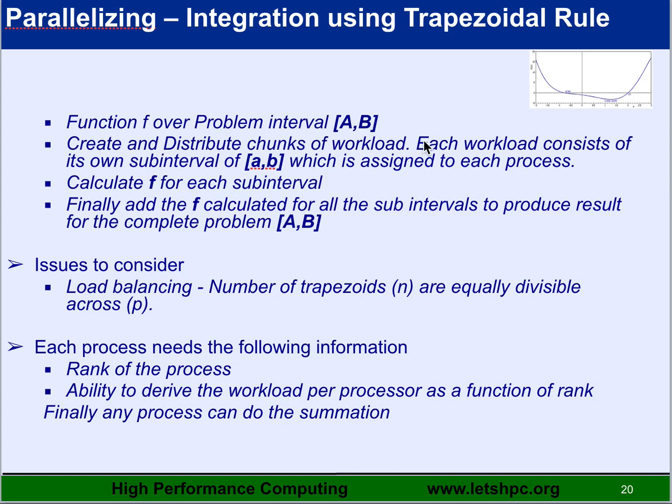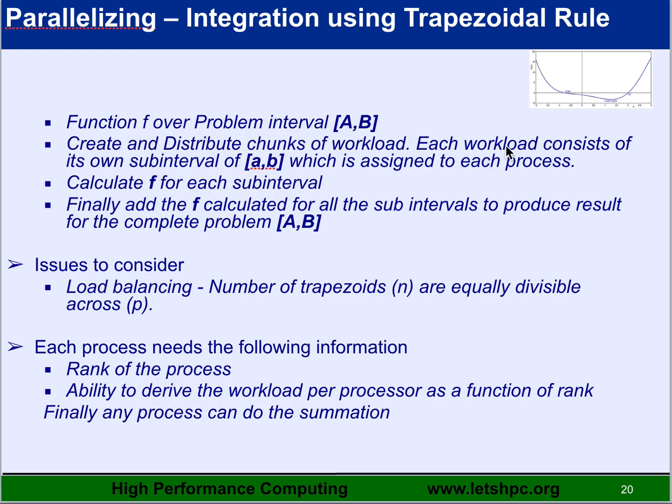Let's assume that we have a given function, any arbitrary function, and you want to integrate this function over a problem interval a to b, so that is from start to end. The first thing we are supposed to do is create chunks of workload and then distribute these chunks to different processes.